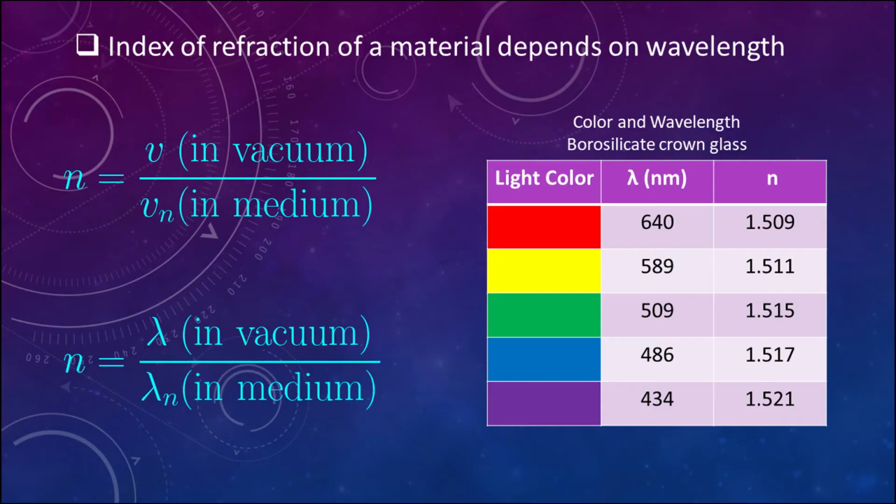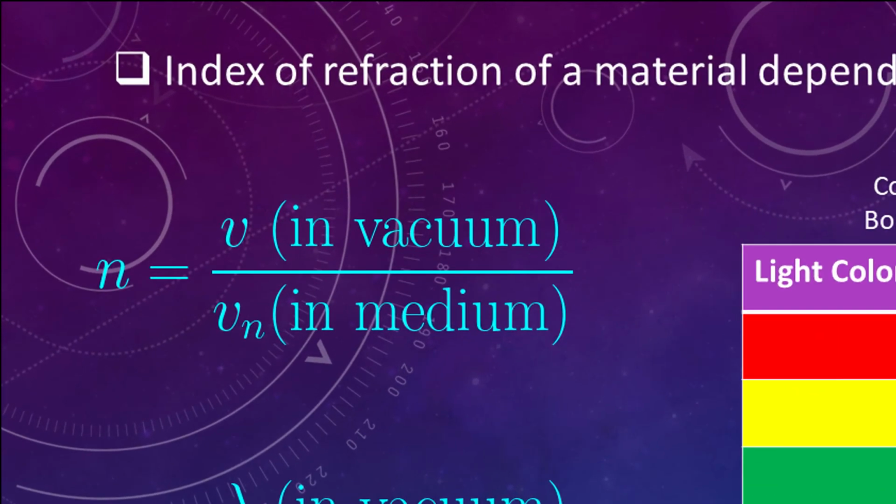As a final example, total internal reflection also occurs in the formation of a rainbow. But before we go into detail about the rainbow, we want to discuss the dependency of the index of refraction on the wavelength of light. Recall that in the previous video, we have seen that the index of refraction of a refracting medium is equal to the ratio of the speed of light in vacuum to the speed of light in the medium.